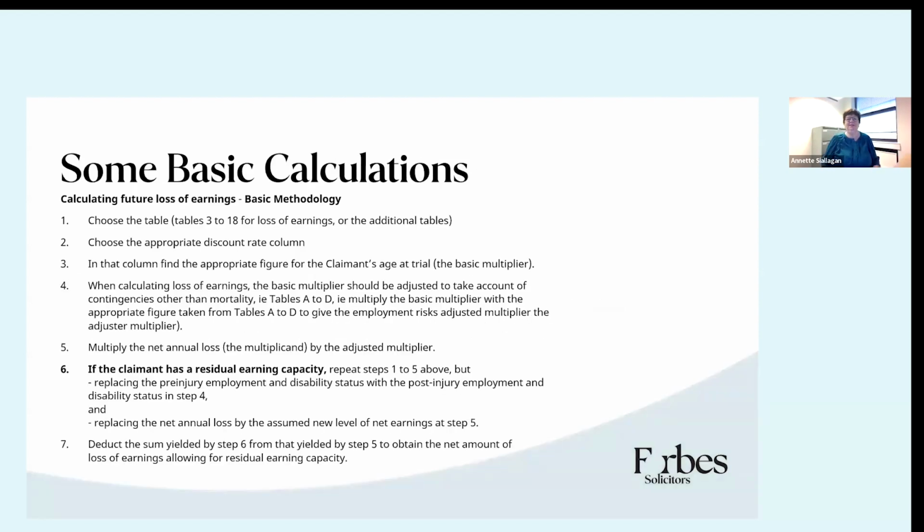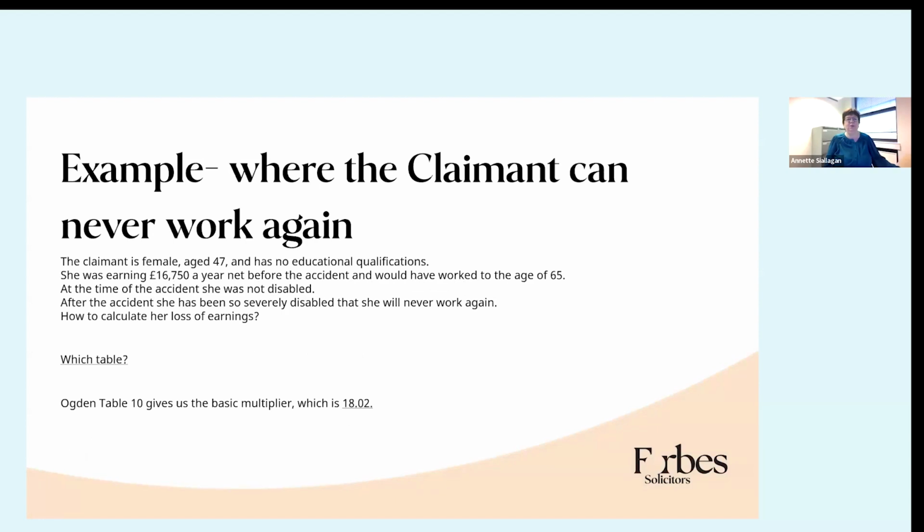Now, I'm nearly at the end of the session, and I've set out at the end some very basic calculations, which I won't go through in detail. I'll leave you to read them. Like I say, you will get copies of the notes and the video at the end, but it does set out here a basic calculation of loss of earnings, one where the claimant will never work again.